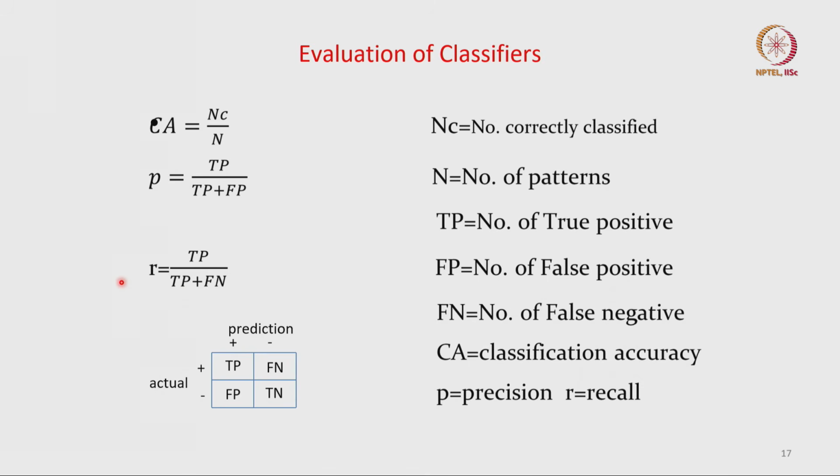And like I said, the classification accuracy can also be calculated using these values as true positive plus true negative divided by the sum of all these 4 values basically.